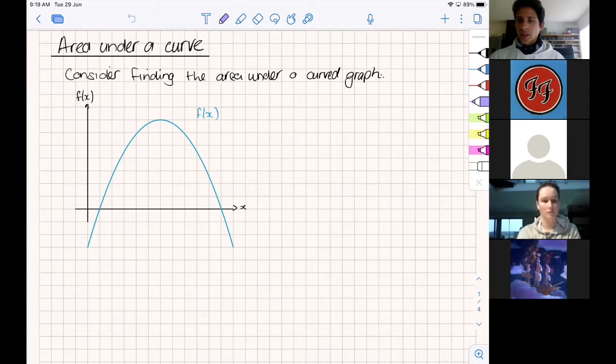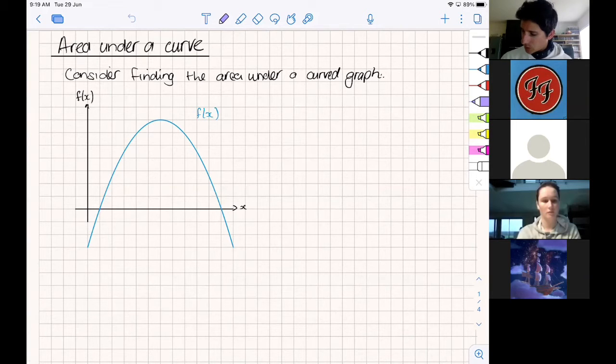What we could do is we could estimate, right? Just like when we are trying to work out the gradient of a point, we could use a point really close by in order to estimate what that gradient is. And so what we could do with this curve is, instead of trying to work out the area under the curve, we could estimate it by drawing a series of rectangles, because we know how to work out the area of a rectangle, right?